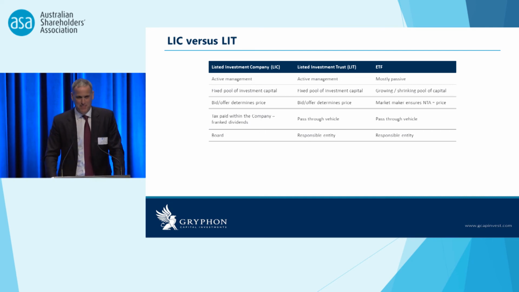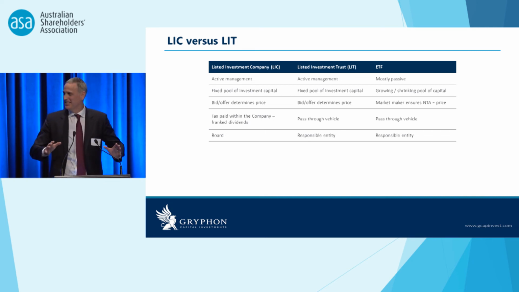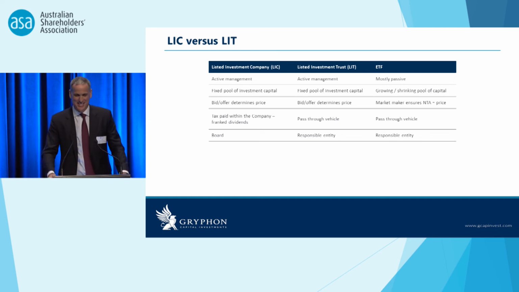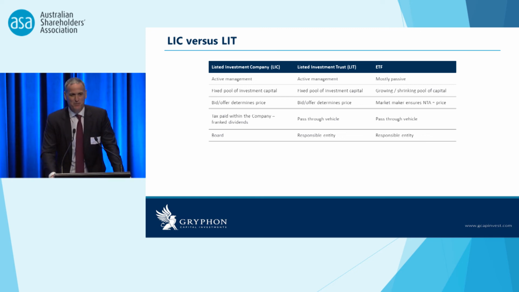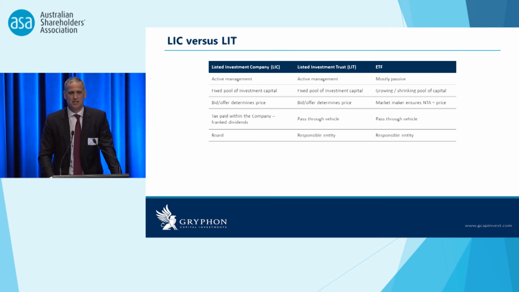So this is a more succinct, not as wordy as Ian's, but what we are attempting to do here is just to outline the three options if you choose to invest in the fixed income market. As you can see on the left, there's the listed investment company, referred to as LIC.